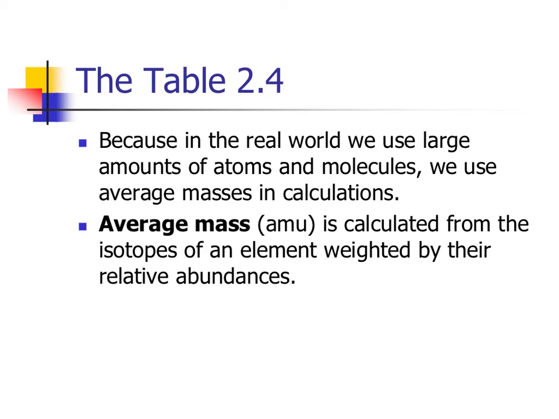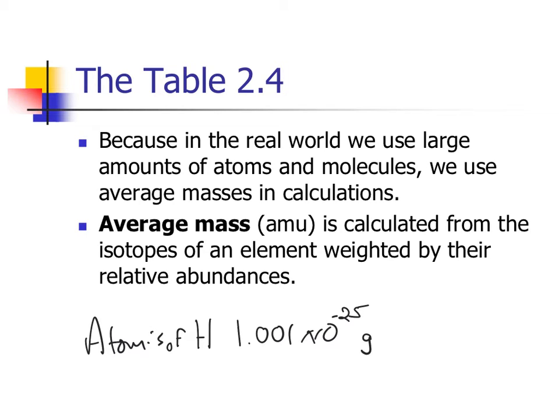So when we look at, say, the atomic mass of hydrogen, it should actually be somewhere on the order of 1.001 times 10 to the negative 25th, I believe, grams.